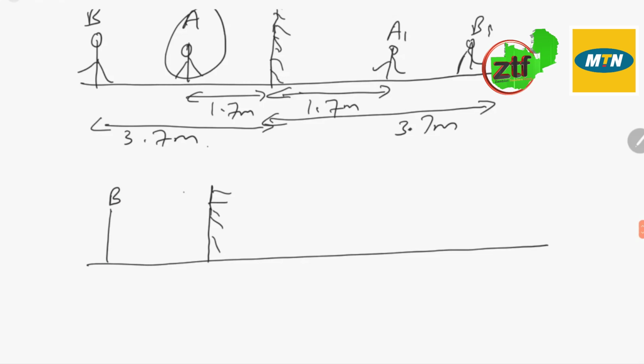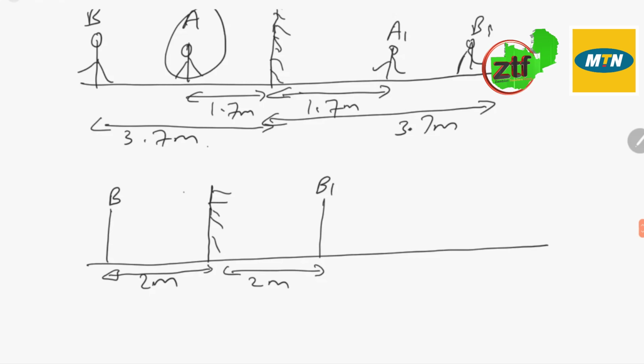Okay, so that means that since now the mirror has been brought where A is, the distance of B from the mirror now will be 2 meters. We expect that the image of B should be the same distance from the mirror, which is another 2 meters.